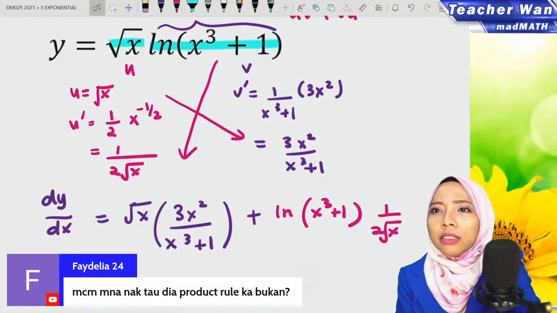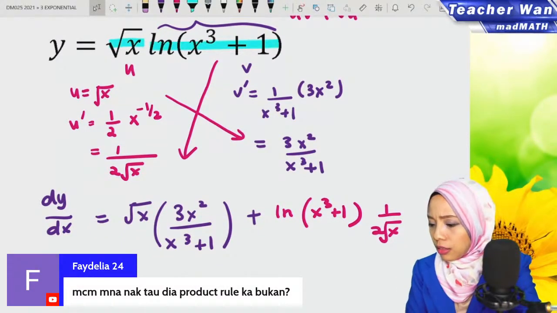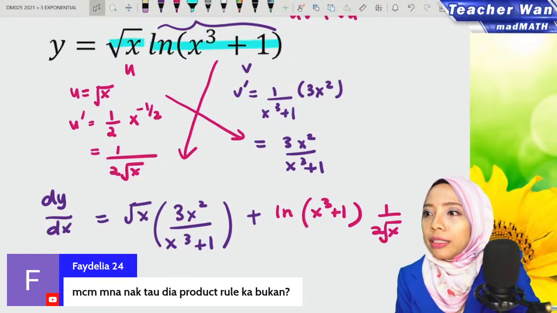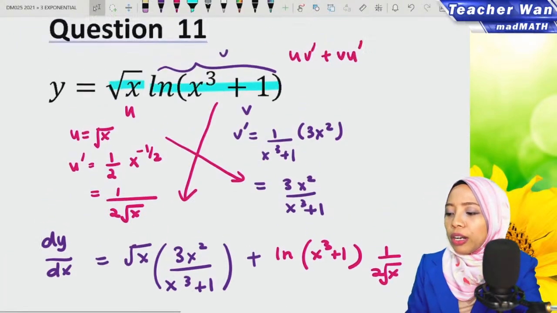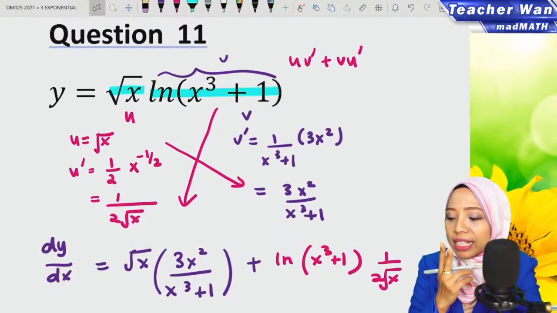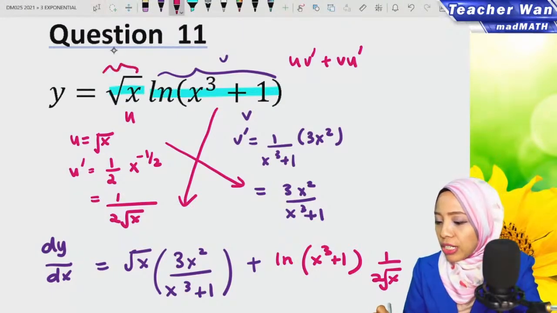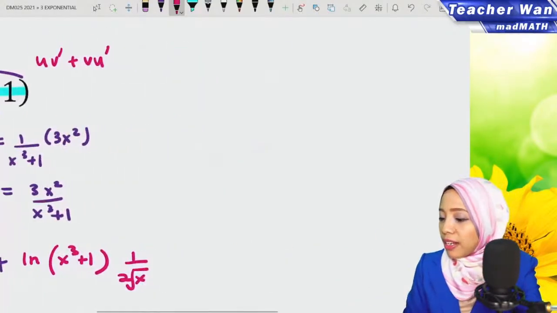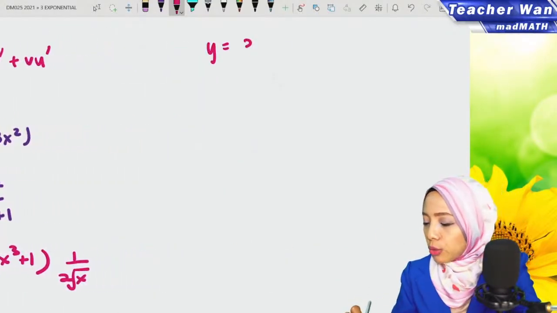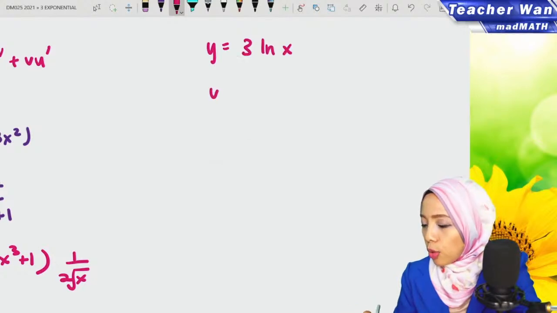How do you know whether it is product rule or not? Again, this is product rule. Why? Because it has two functions. This is f(x). This is g(x). Thank you for asking. I write here: y equals 3 ln x, and y equals 3x ln x.